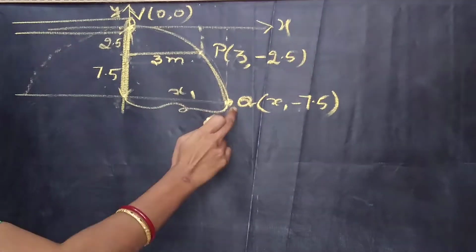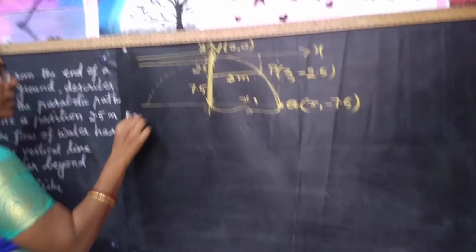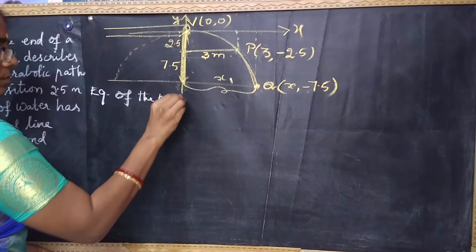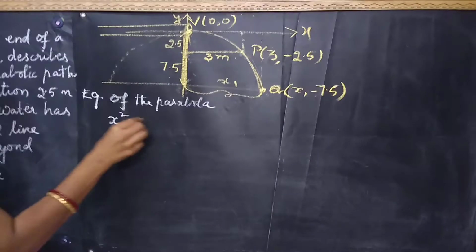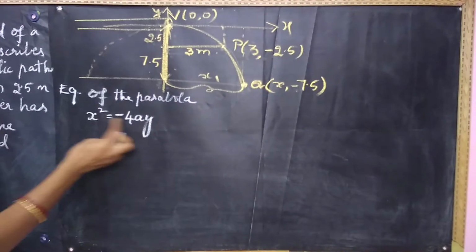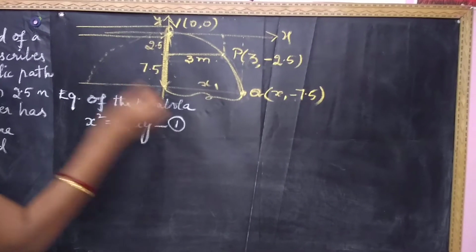What type of parabola is this? Parabola open downward. So let us write the equation of the parabola. x square is equal to minus 4ay. Since the vertex is at the origin, x square is equal to minus 4ay. Name this as equation 1.